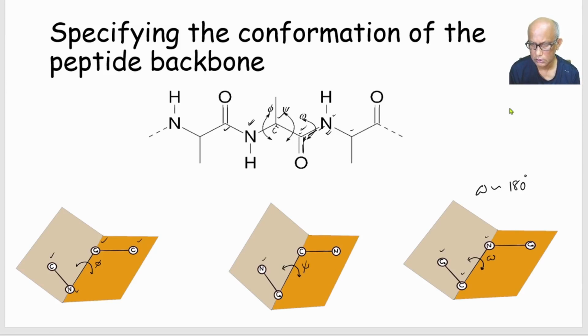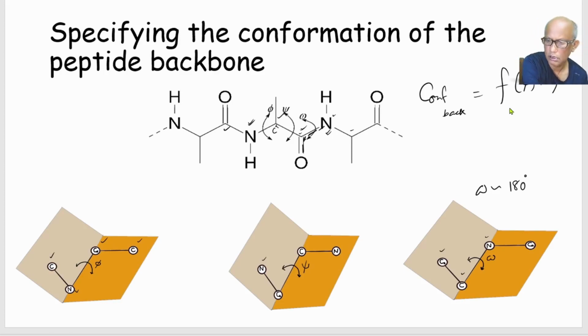It is in the trans position or anti-periplanar position, and it remains so. So whenever we talk about the backbone conformation, we can to a first approximation say that the conformation of the backbone is a function of just two torsion angles, phi and psi, because omega is constant.